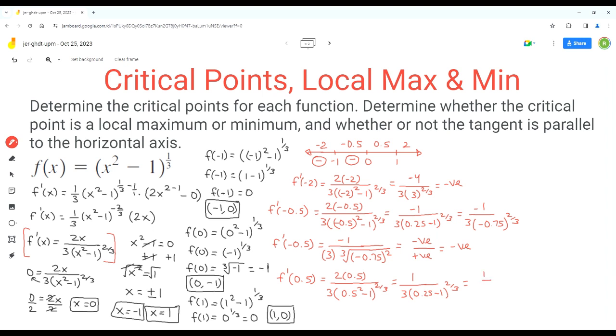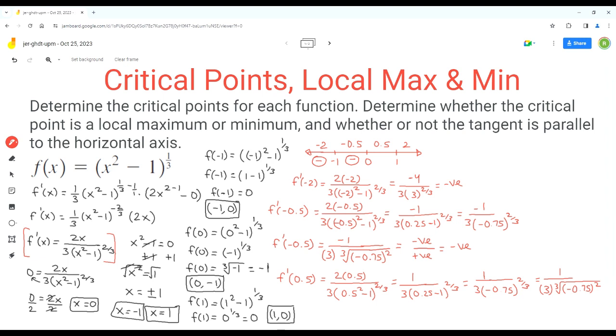So 1 over 3 exponent -0.5 exponent 2 over 3, which can be simplified to 1 over 3 and then the cube root of -0.5 square.